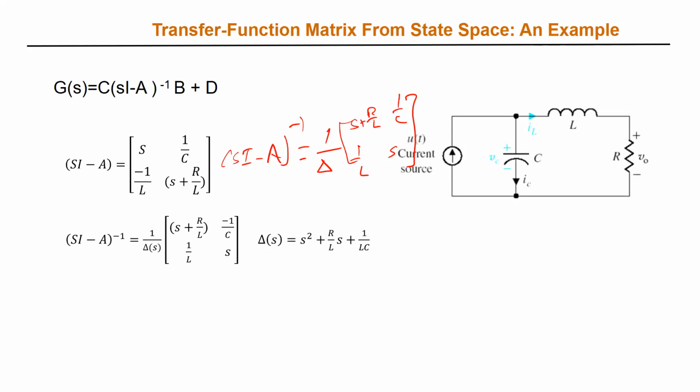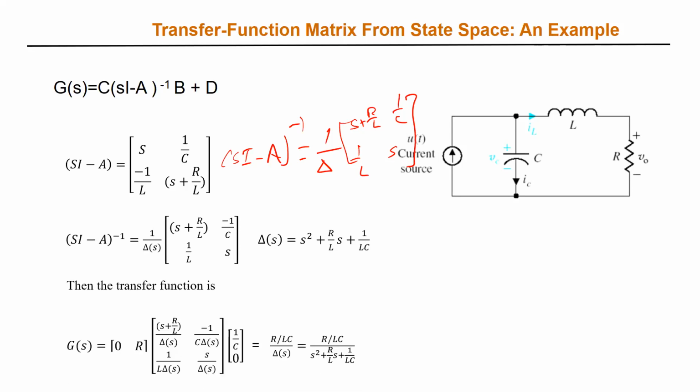Now just multiply by the B and the C. If you do that, this is basically what you are going to get.